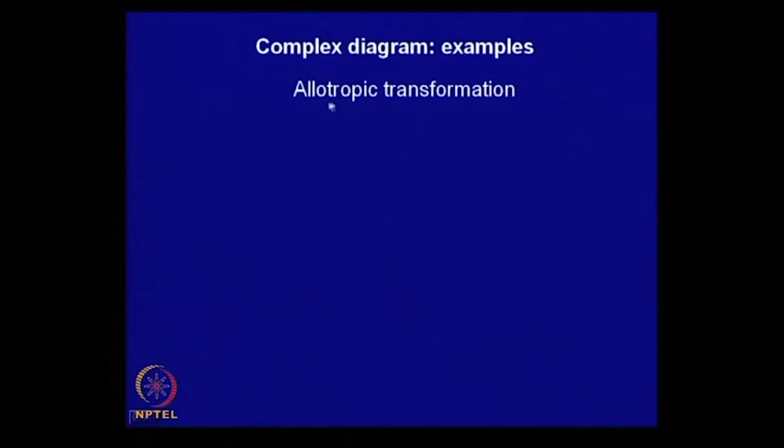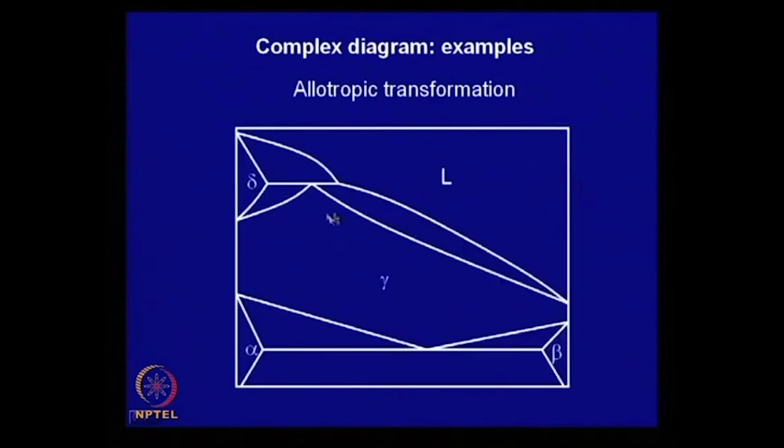Let us say both metal A and B undergo an allotropic transformation, and I have not specified any of the previous phase diagrams, I mean when it just solidifies, but one example I am giving here.